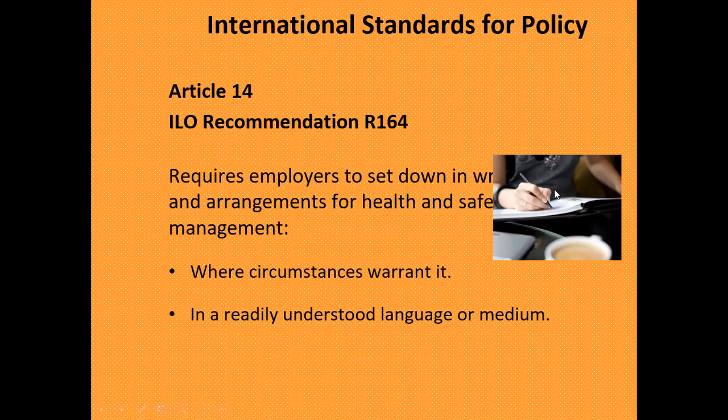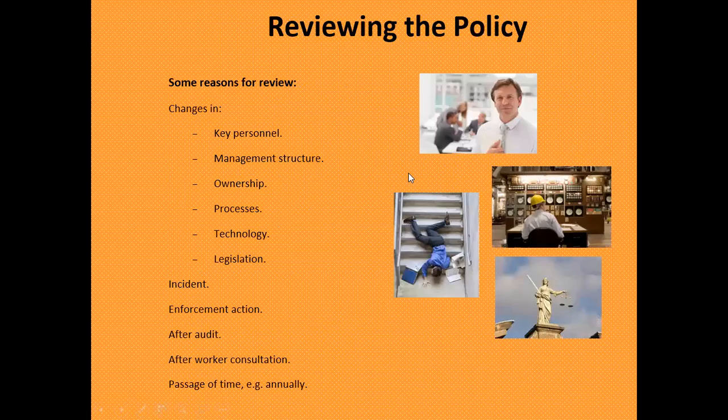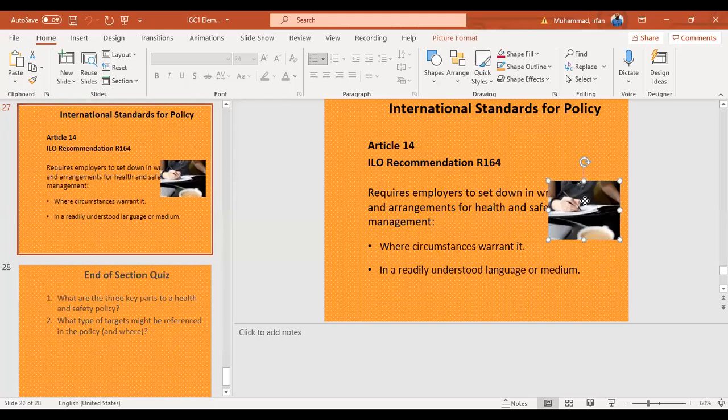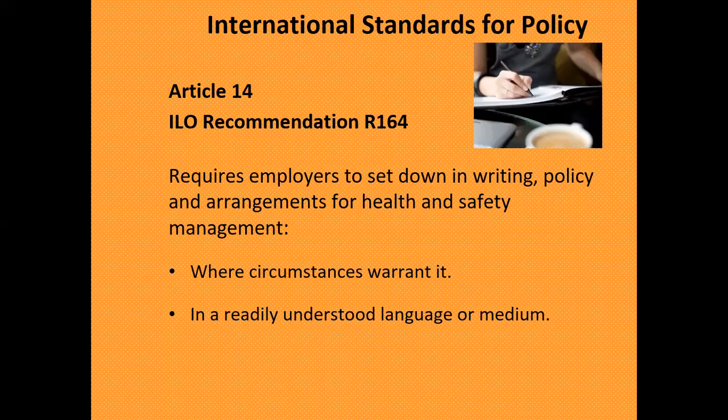Okay. Then we have Article 14, ILO recommendation R164, which requires employers to set down a written health and safety policy and arrangements for health and safety management, where circumstances warrant it, and in readily understandable language.